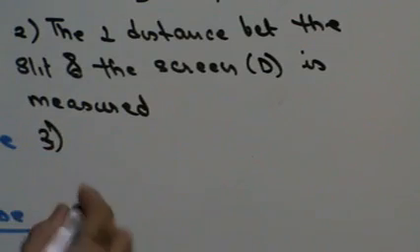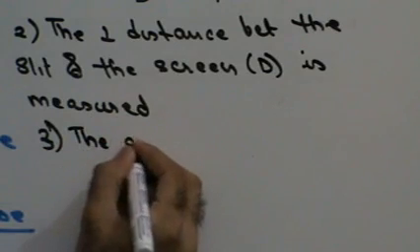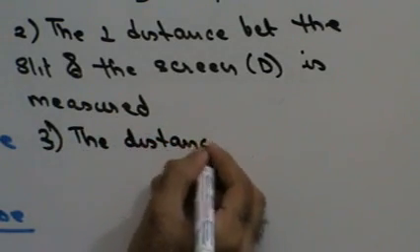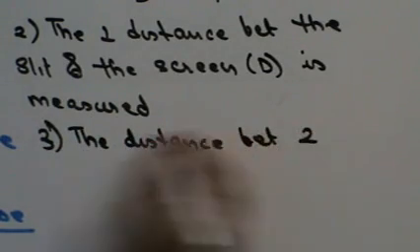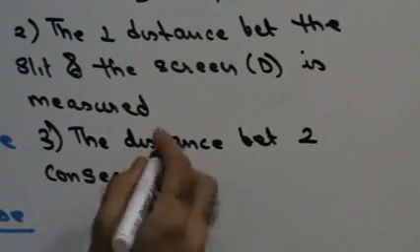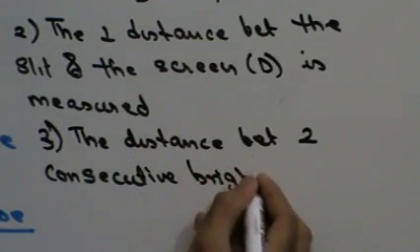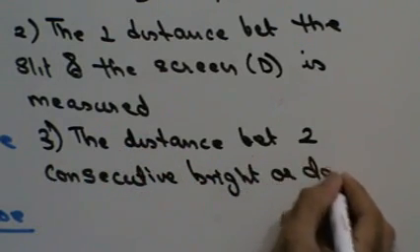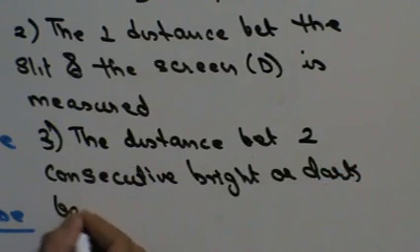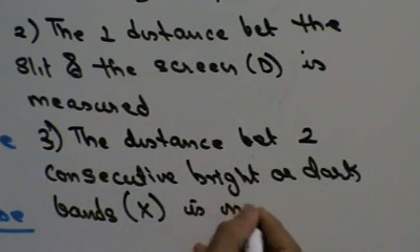Next, the distance between two consecutive bright or dark bands, X, is measured.